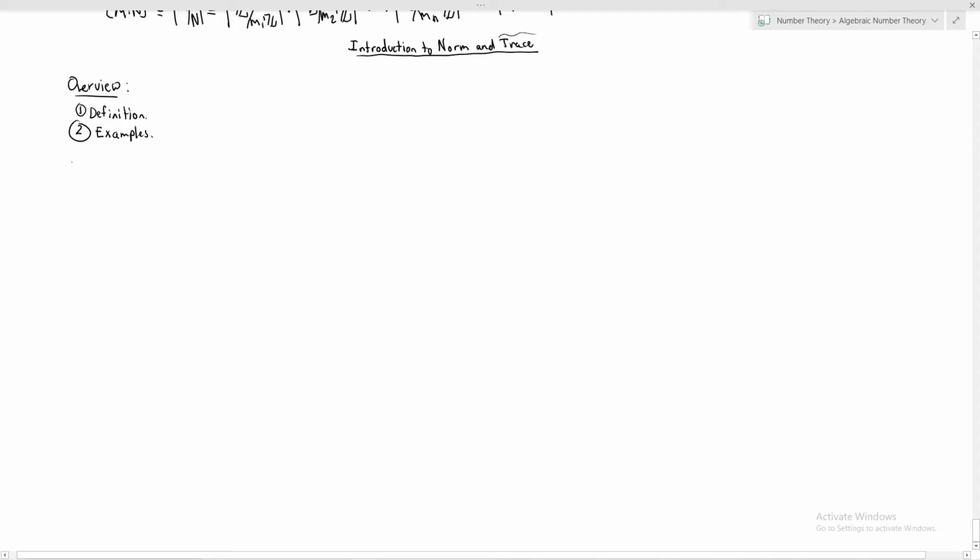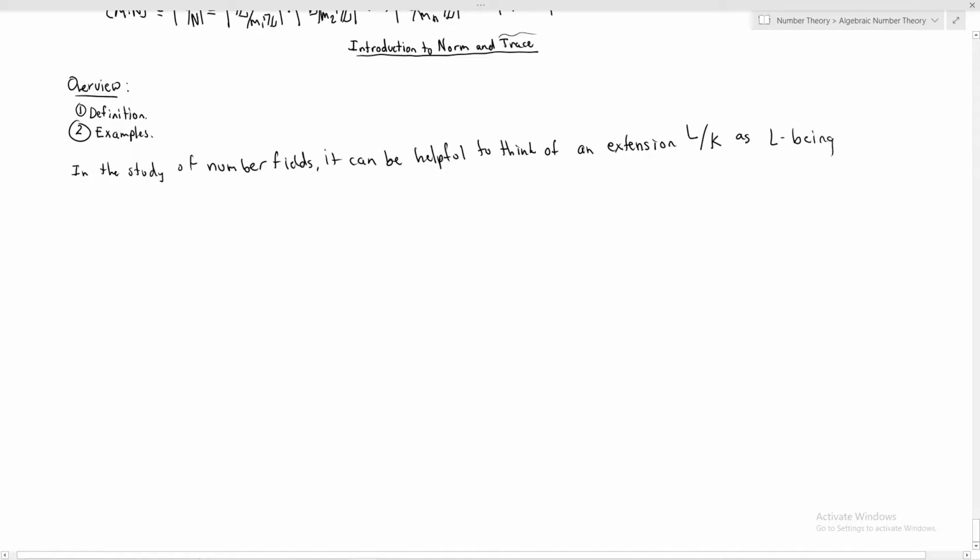Okay, so first I want to give you some motivation for what these norm and trace maps are. In the study of number fields, it can be helpful to think of an extension L over K as L being a K vector space, not just a K vector space, a K algebra.